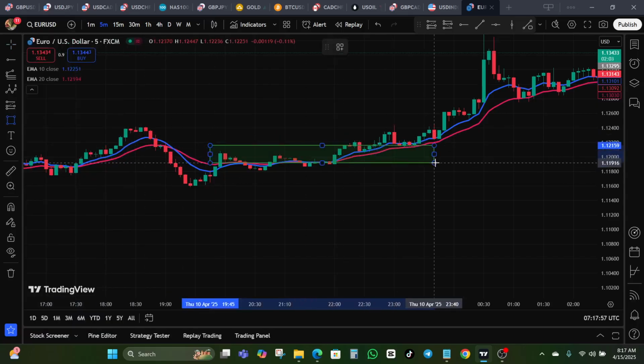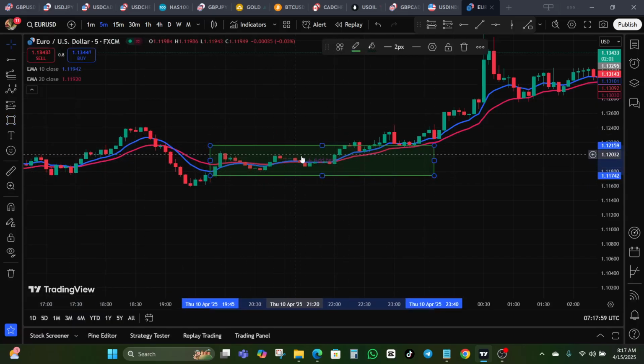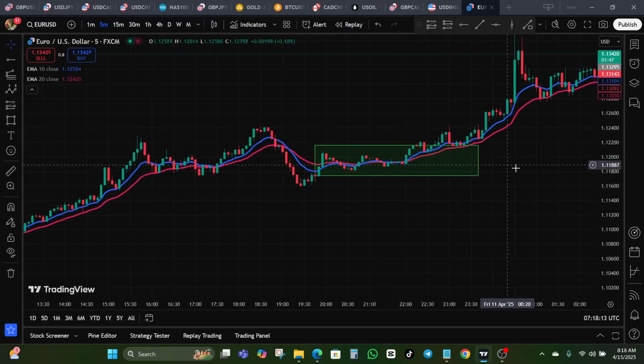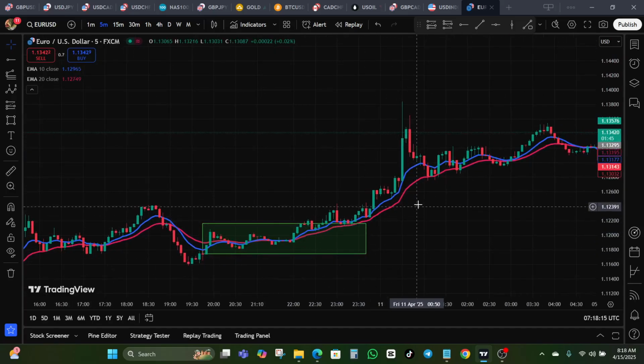Within this particular zone, you can see this back and forth crossing over. Just stay out of the markets in such a scenario. That's a consolidation, it's not a trend. So you wait for clean separation and angle in the EMAs. That's when the market is really moving.